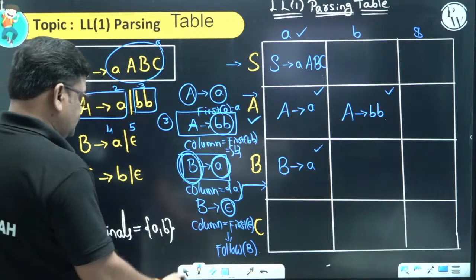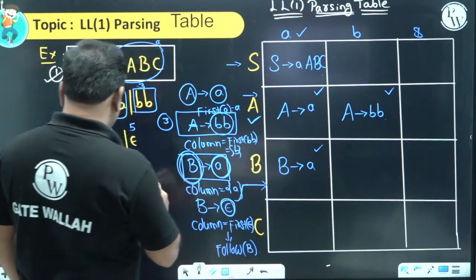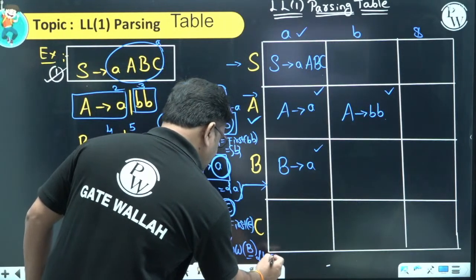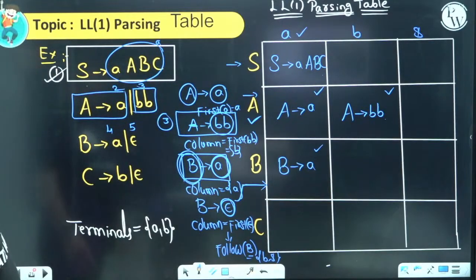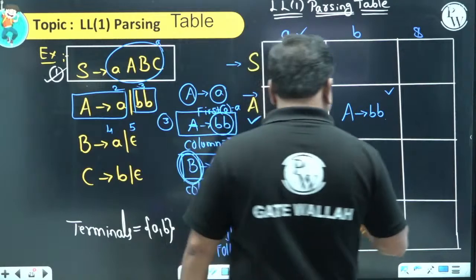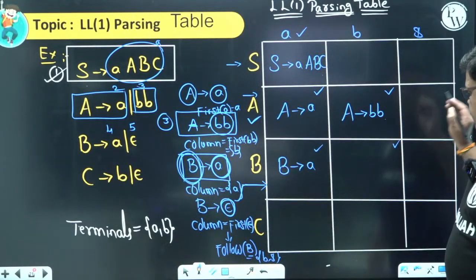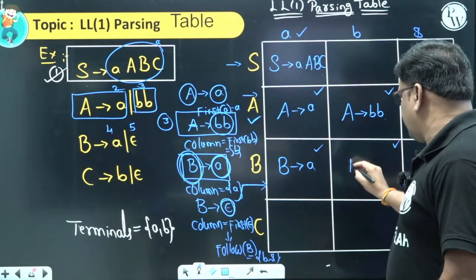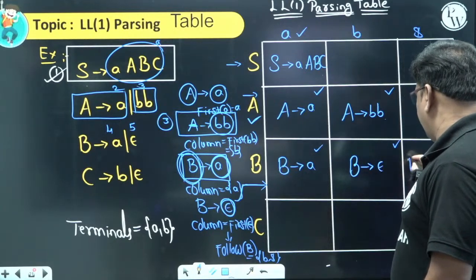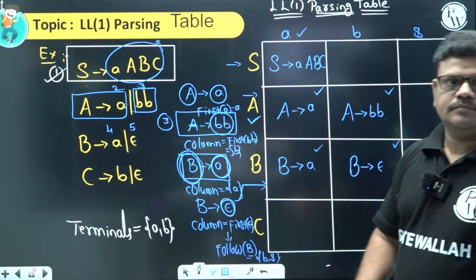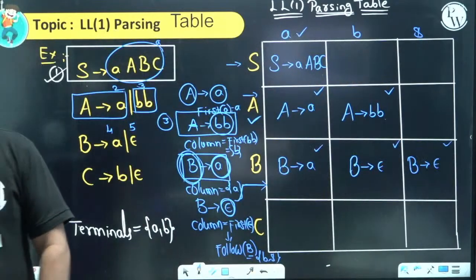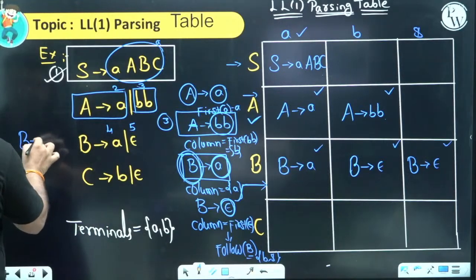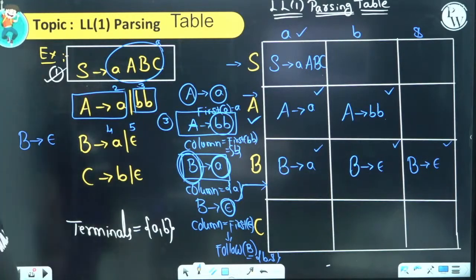So in order to place this production B to epsilon, here we have b and dollar, right? The column will be decided by follow of B. So in row B, column b and column dollar, we have to place the B gives epsilon production. So the epsilon production is going in two places. Is it clear? Whenever I am trying to place a production in the table, I need to identify its column.